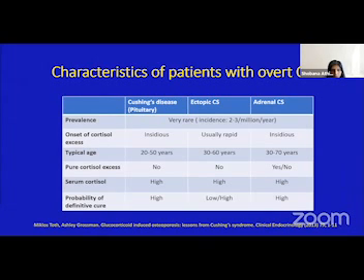The age distribution is pretty similar in all three groups, and in the ACTH-dependent cases, they can present with some features of androgen excess. Serum cortisol is high in all three groups, and the probability of cure with definitive treatment is high in pituitary and adrenal Cushing's, but can be variable in ectopic Cushing's depending on the prognosis of the underlying malignancy or tumor.